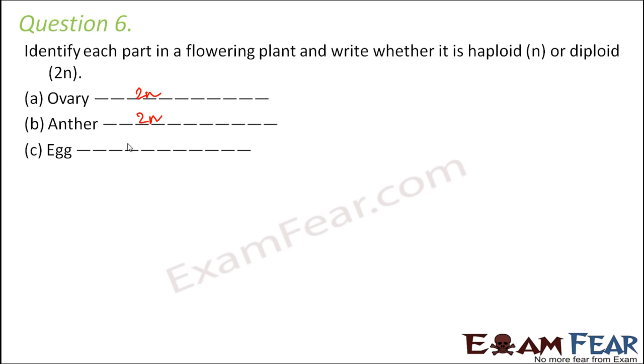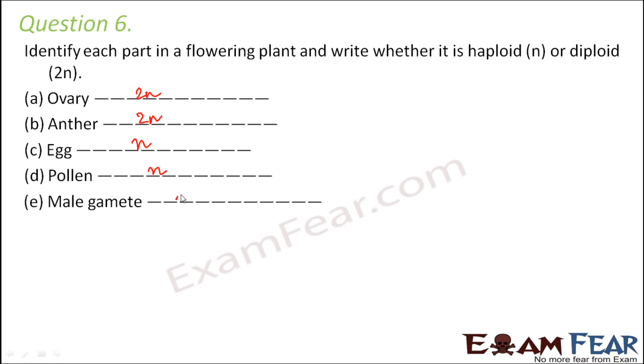So egg is the female gamete, so this is haploid. Pollen again is like the male gamete, so it is again haploid. Male gamete, haploid. Zygote, this is diploid because the male and the female gamete fuse together to form the diploid zygote.